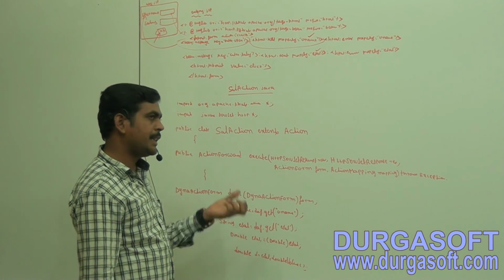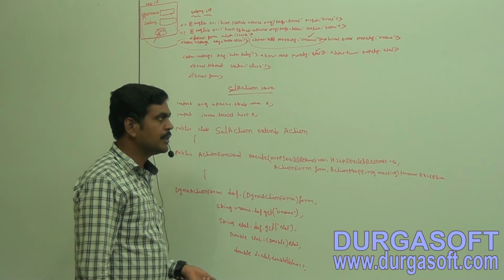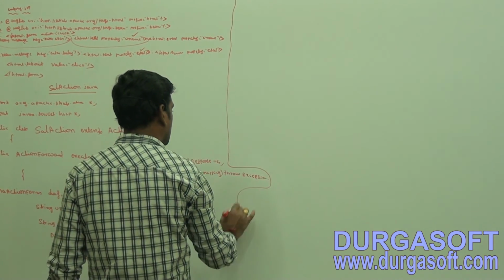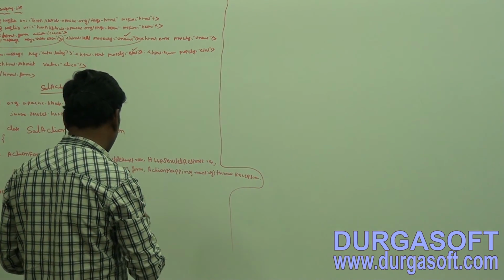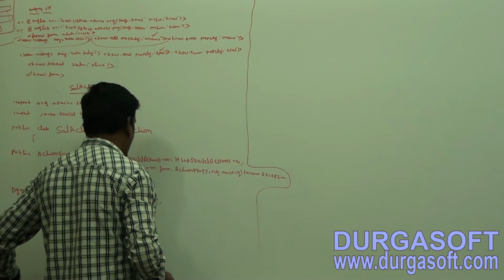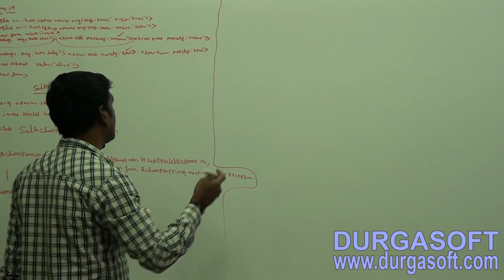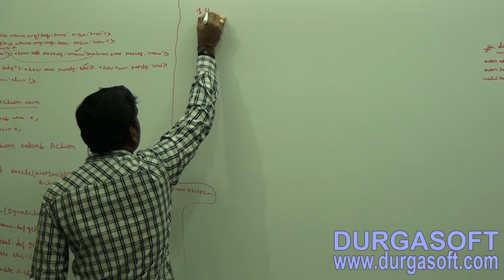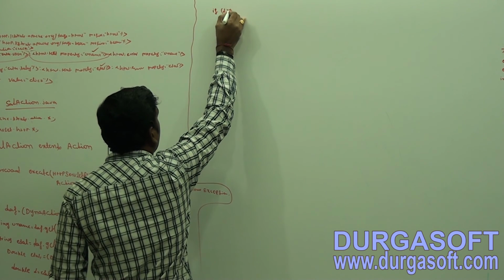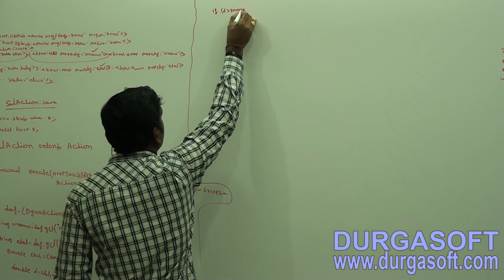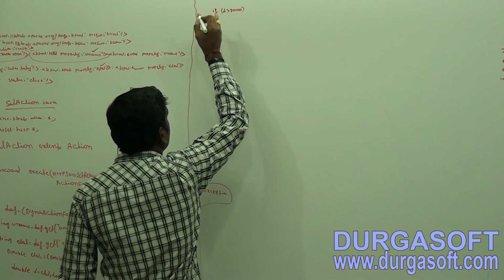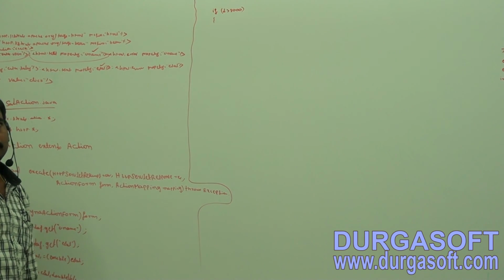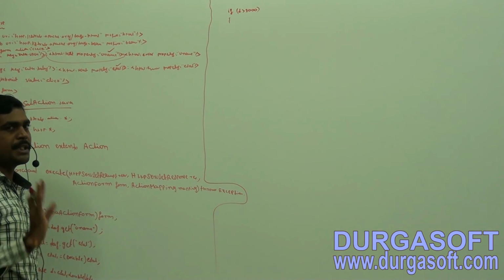After that, I already said we need to provide the validations also, right? The next thing we have to do here: if d greater than 8,000, now we can raise the error message.